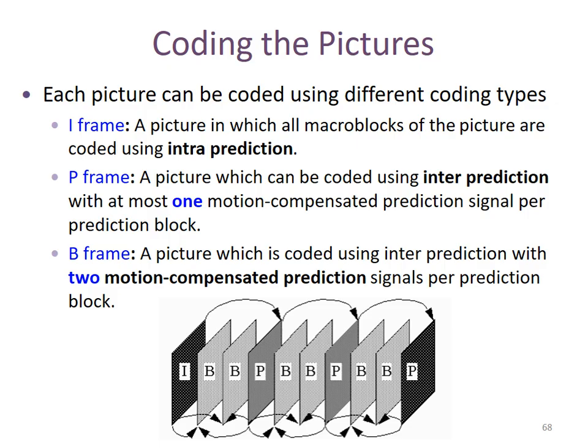B frames can refer to the previous I frame, and can also refer to the later P frames. So information from both directions can be used for B frame compression. By the names of the frames, you can see they are related to the video compression method: intra-prediction, inter-prediction, or bi-directional compression.